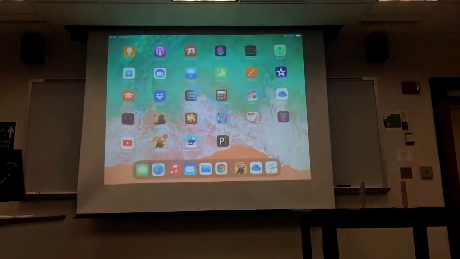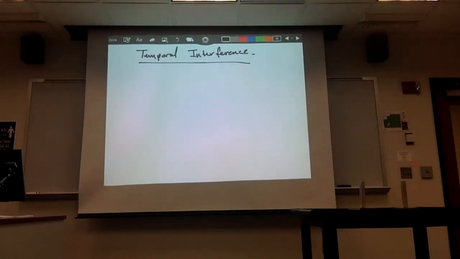So let's write all that down. So the temporal interference here is what we call the beat. What we care mostly about is the beat frequency. So the beat frequency turns out just to be the difference in the two frequencies, which in this case I'm going to write as the absolute value of the difference between the two frequencies. This is what we call the beat frequency.